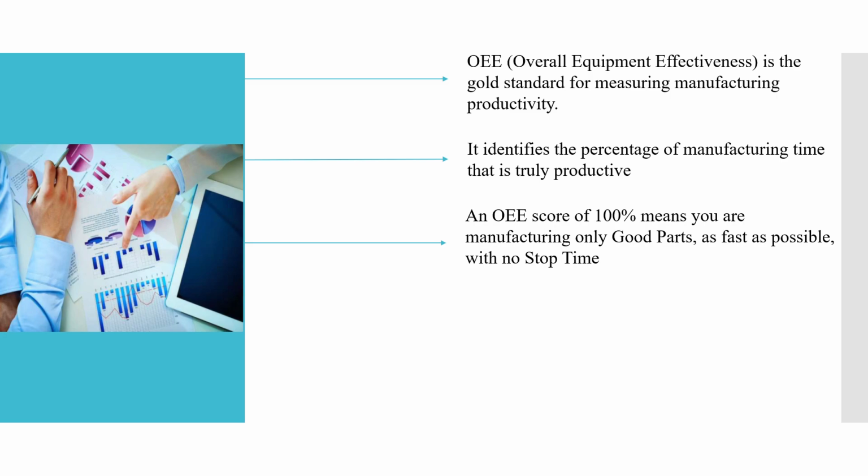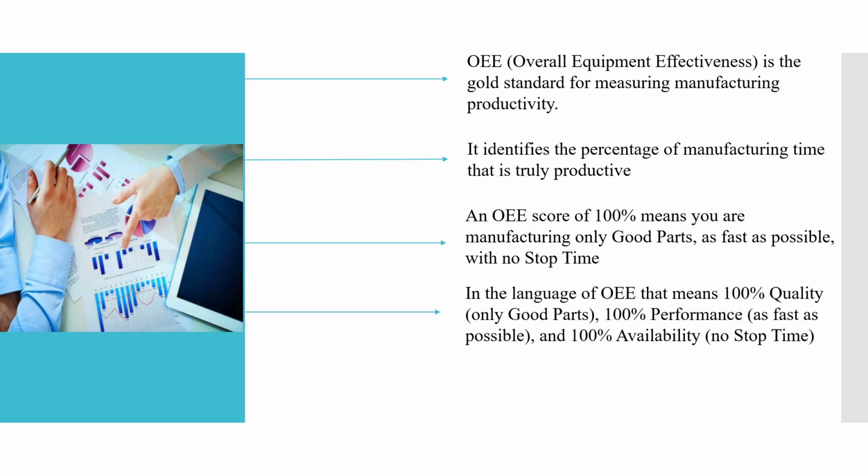So if we get an OEE score of 100% after calculation, it denotes that you are producing all good, defect-free products, as fast as possible and in minimum time.